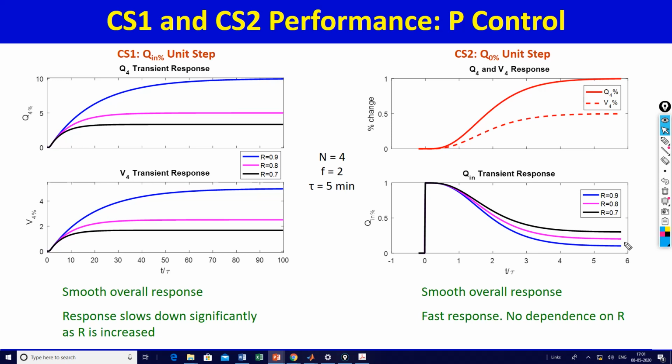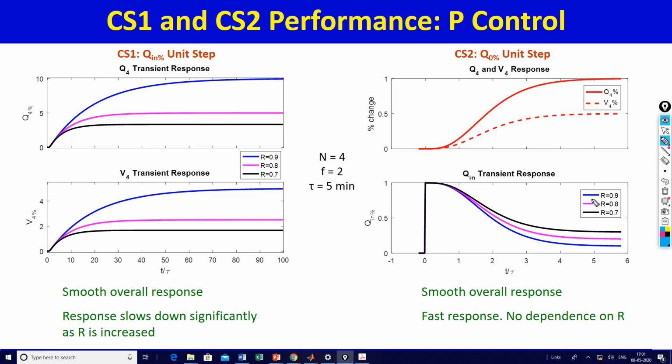All the responses here, whether it is R equal to 0.9, 0.8 or 0.7, take about 5 time constants to complete. So that should count for something. Okay, so that's that.